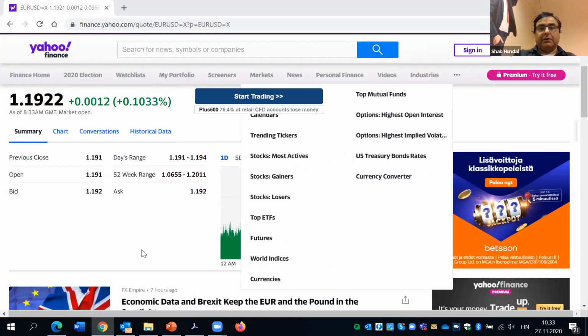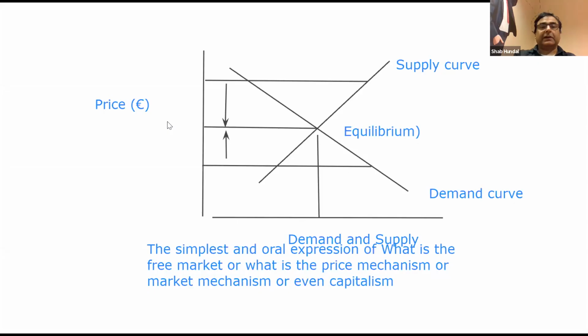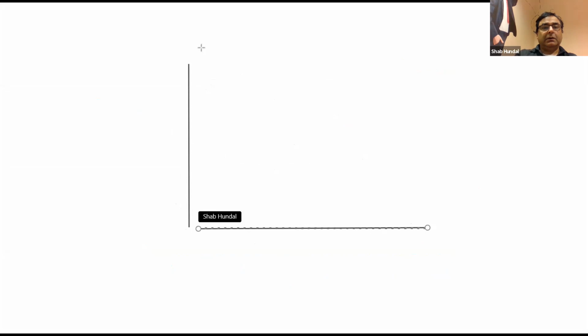So I take you back to the whiteboard, and I open a new slide. There was a y-axis and then there was an x-axis. And now I need to draw something.